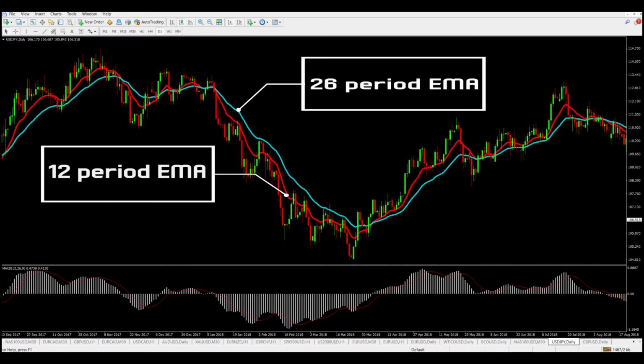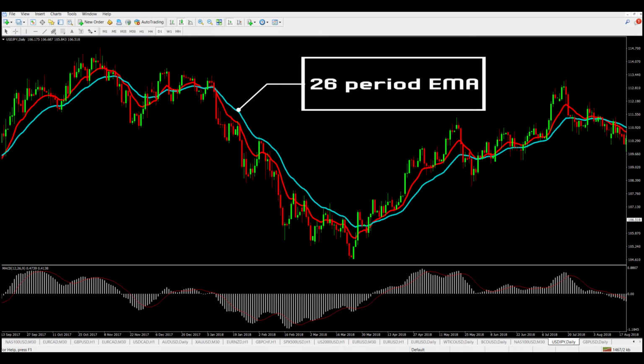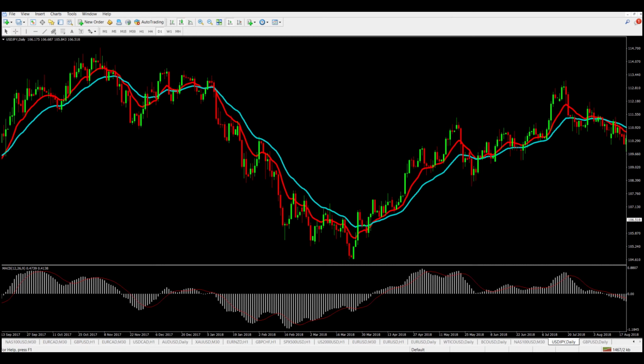Therefore, it is shown when the 12-period EMA is below the 26-period EMA. As there is a faster moving average and a slower moving average, the faster one will obviously react faster to the price movements compared to the slower one. This results in a moving average crossover, which in this example resulted in a reversal of the trend.